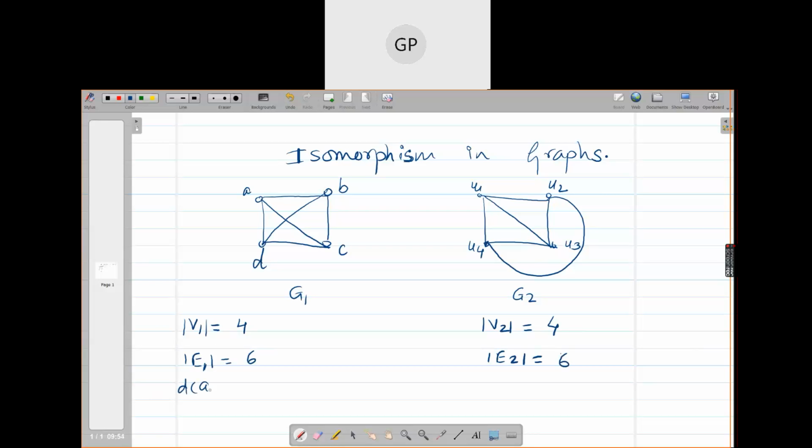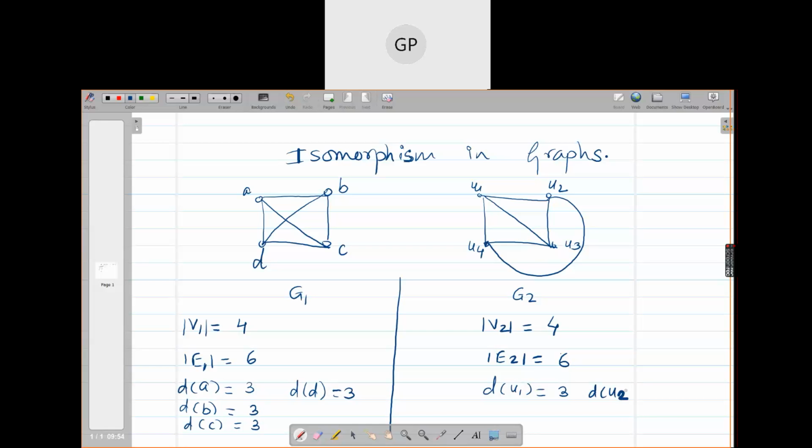Now can you tell me what is the degree of each vertex in G1? What is the degree of A? 3. Degree of B? 3. Degree of C? 3. Degree of D? 3. What is the degree of U1 in G2 now? 3.